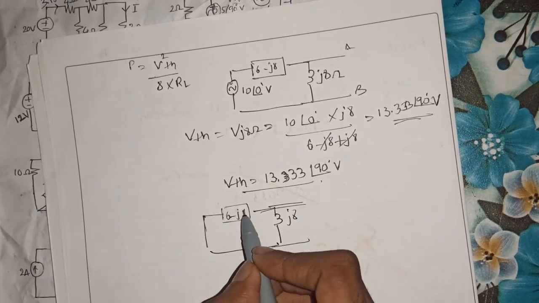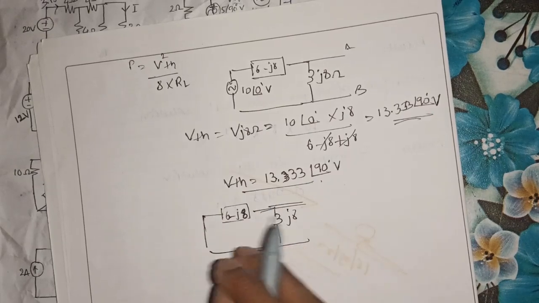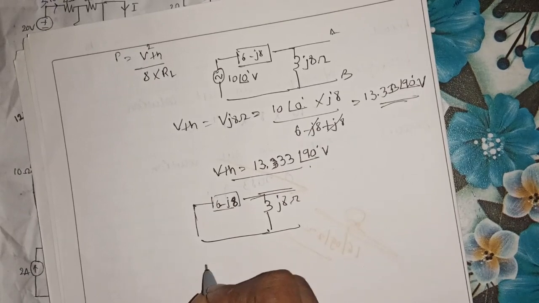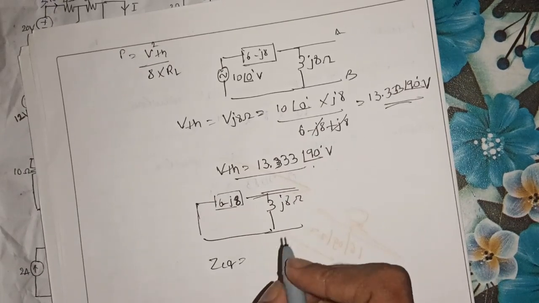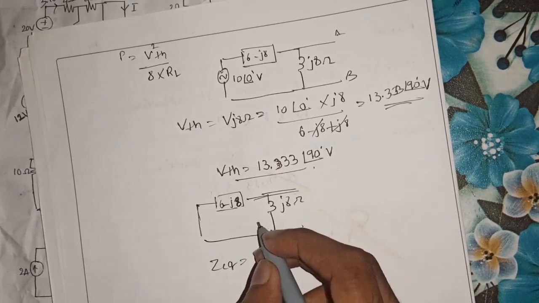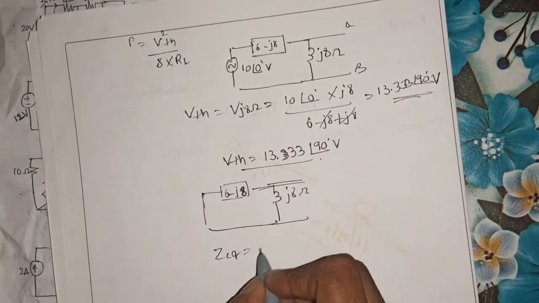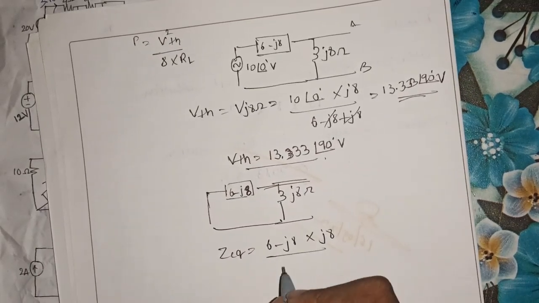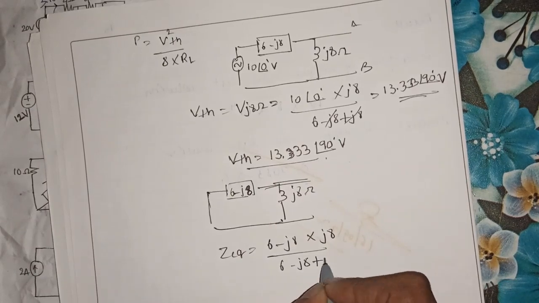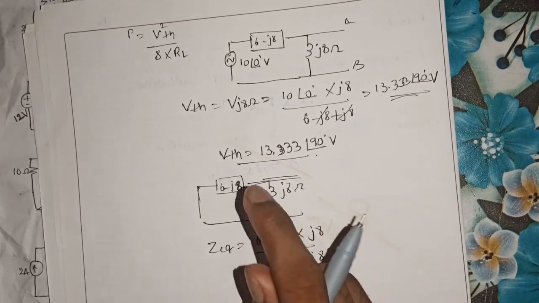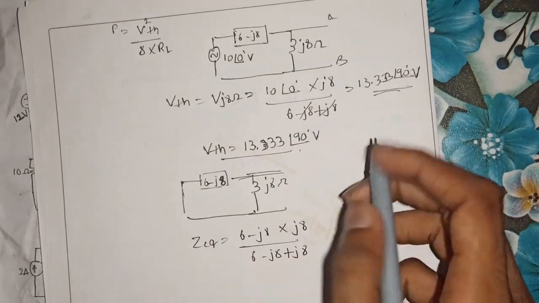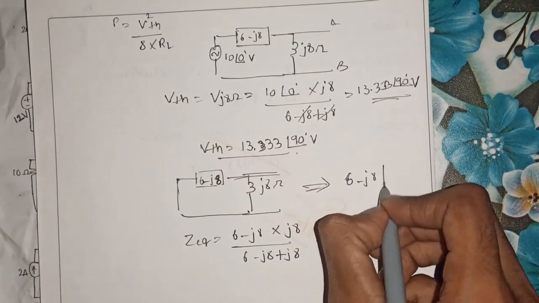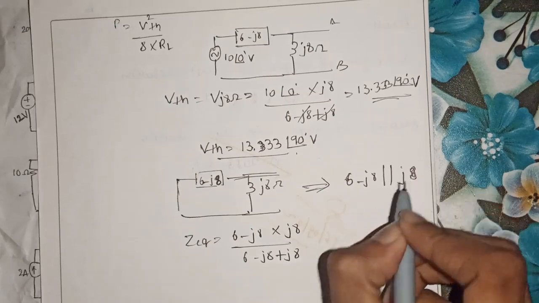You can see that the 6 minus J8 ohm impedance is in parallel with the J8 ohm impedance. So Z equivalent, the net equivalent of the given network, would be 6 minus J8 multiplied by J8 divided by 6 minus J8 plus J8, as both the impedances are in parallel.